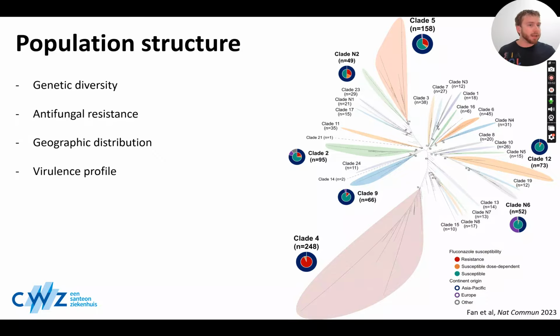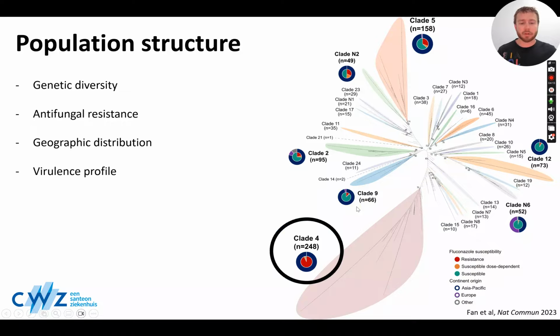And well, exactly that is what the authors did in this study over here. This is on Candida tropicalis from a global collection of isolates. And as you can see, overall you see a lot of long branches. That means that genetic diversity is high, but nonetheless there are a few clades of related isolates.